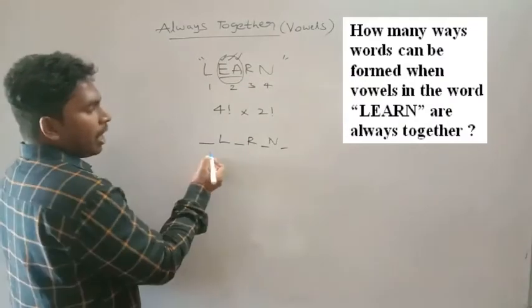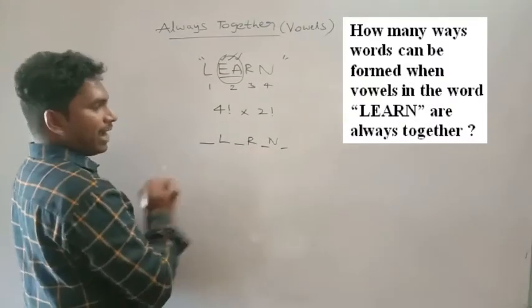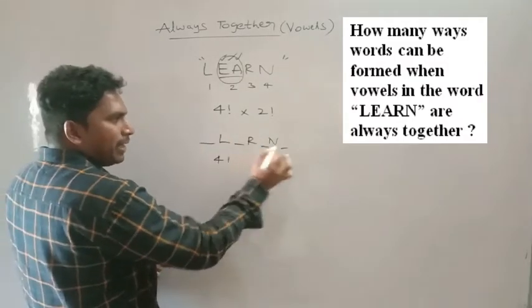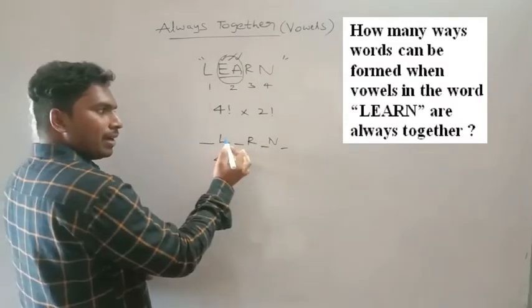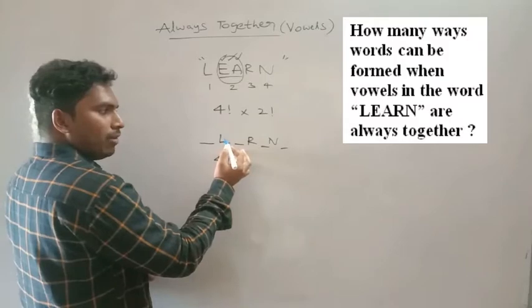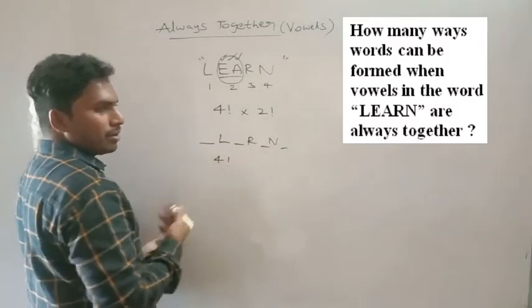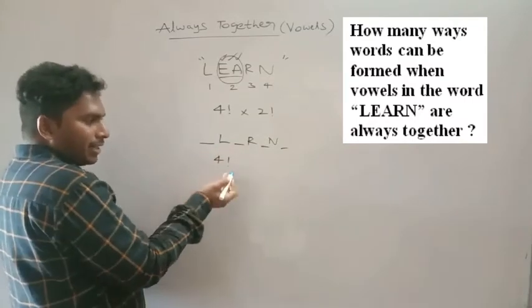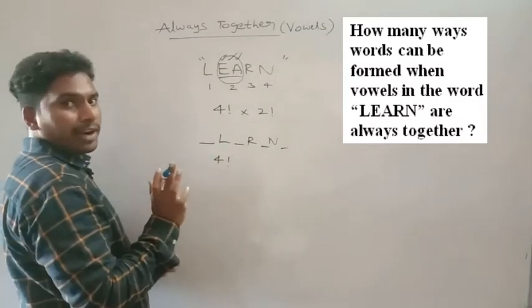Then how many blanks are there? 4 blanks, so 4 factorial. Is there any letter that is being repeated? L came only once, R only once, N also only once, so that is okay. If anything is repeated, then divide by that much factorial.